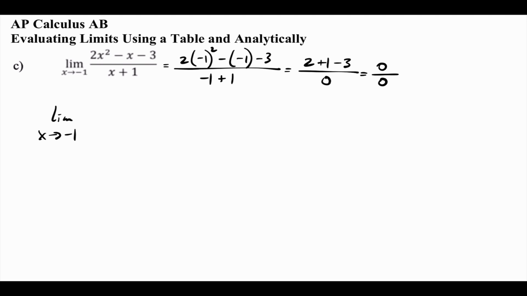Okay. So the top is a trinomial. Bottom is a binomial. So for a trinomial, first of all, is there a GCF for the pink?